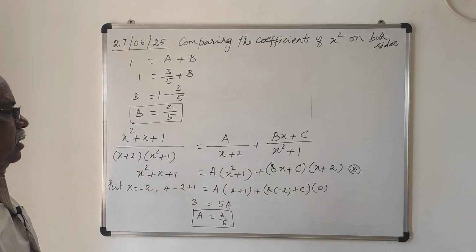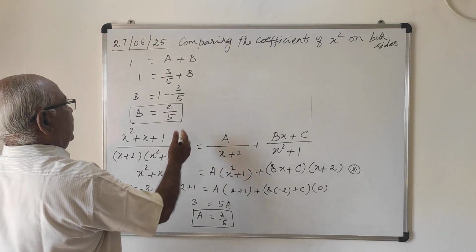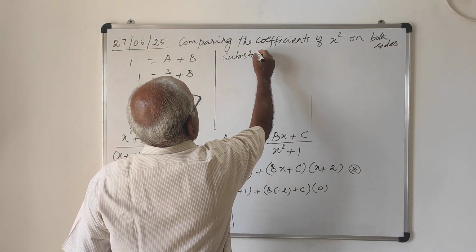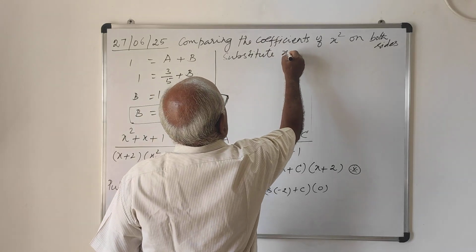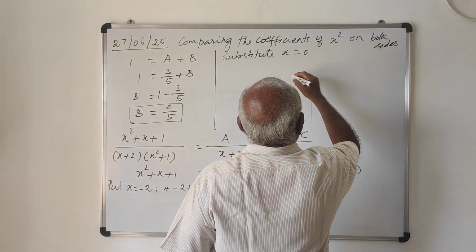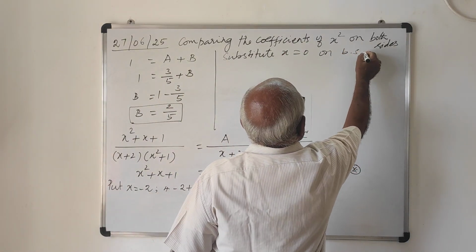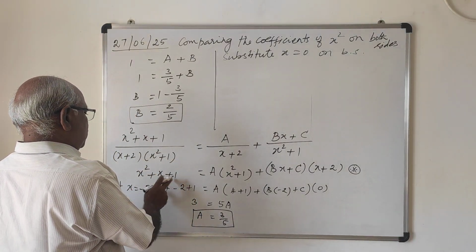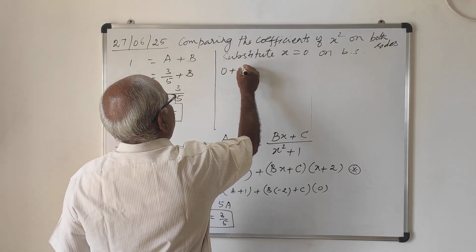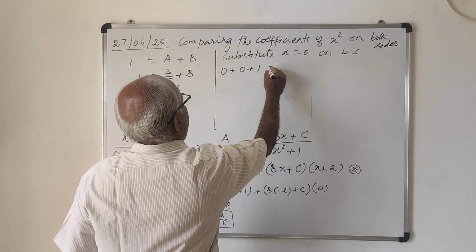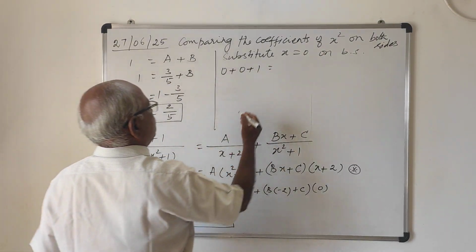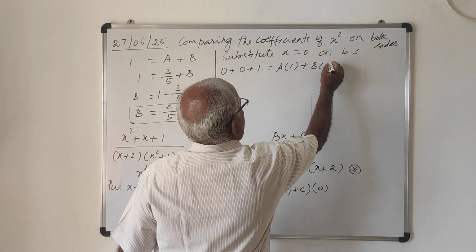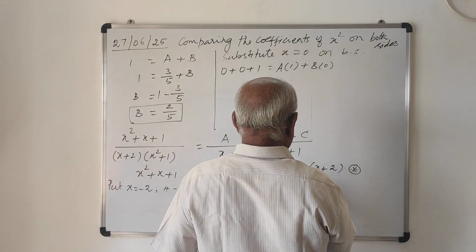And next, substitute x equal to 0 on both sides. Substitute x equal to 0: 0 square plus 0 plus 1 on the left hand side, equal to a into 0 plus 1, that is a into 1, plus b into 0 plus 2, that is bx plus c.